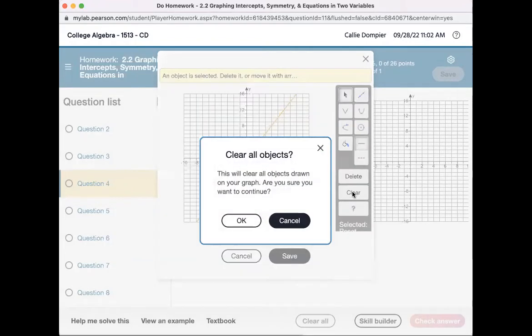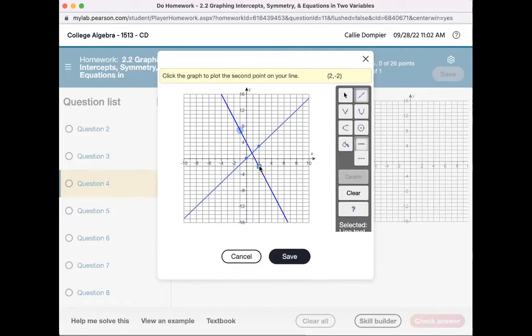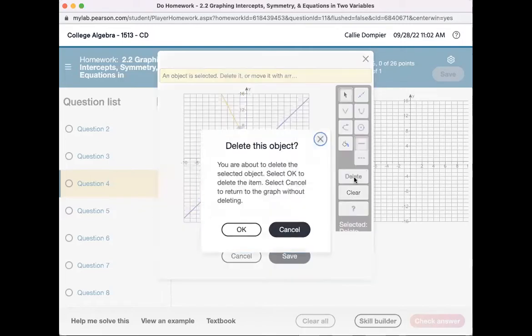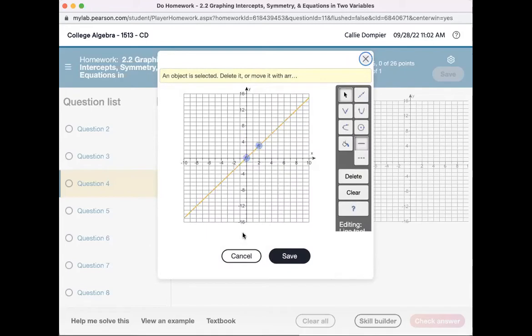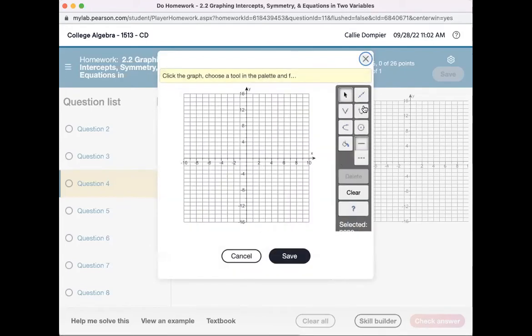If you need to clear it, you can hit clear. That clears everything. If you have multiple lines, which I don't think you will, you can delete one at a time. If you are not graphing a linear equation, you want to use either the parabola tool or the absolute value tool.